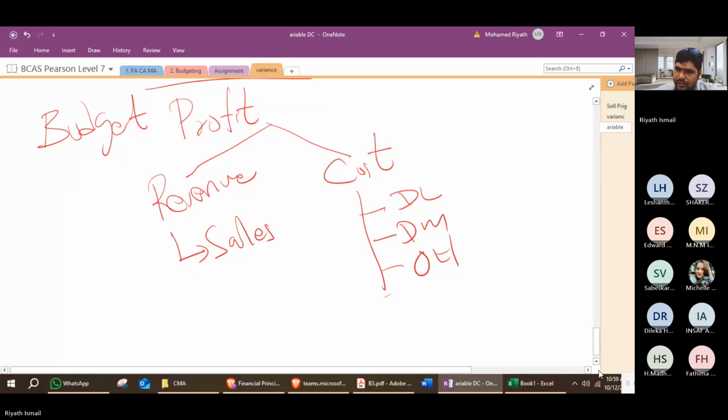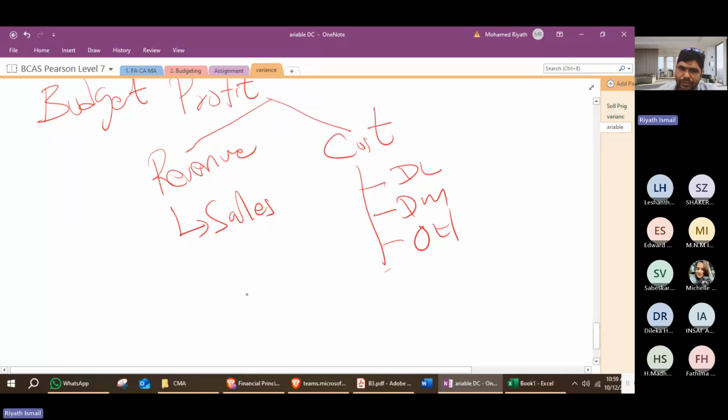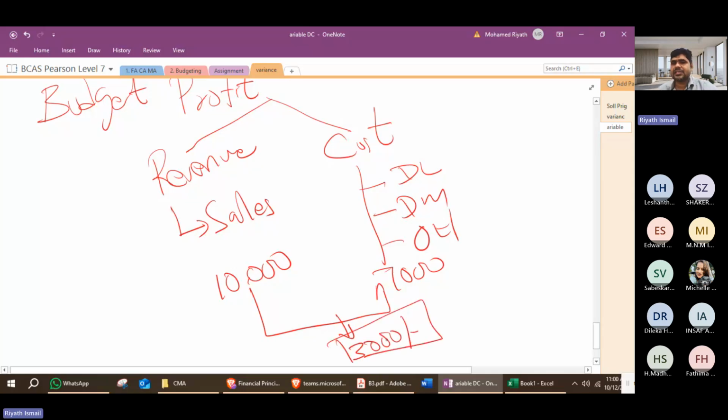Then revenue minus cost. Say you estimated revenue of 10,000 and estimated cost of 7,000. Then the estimated profit is 3,000. So this is the budgeted profit.